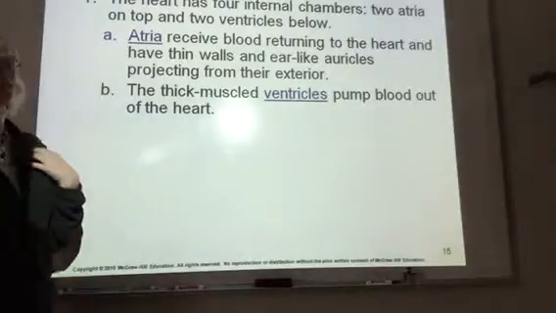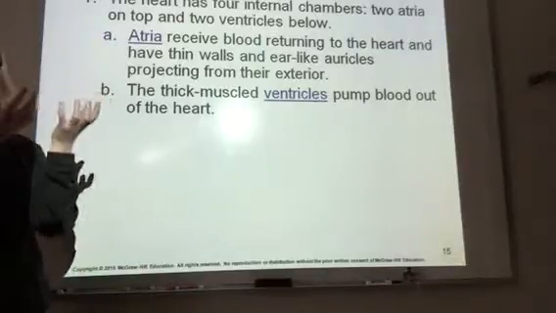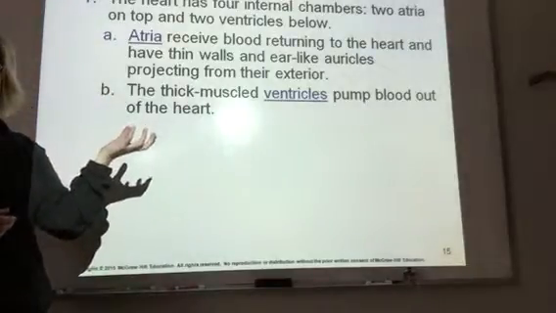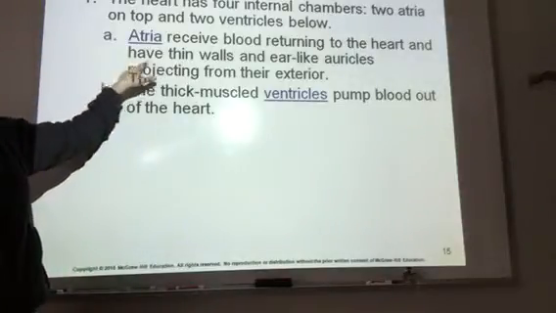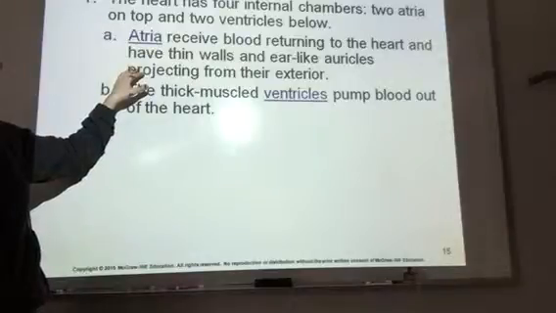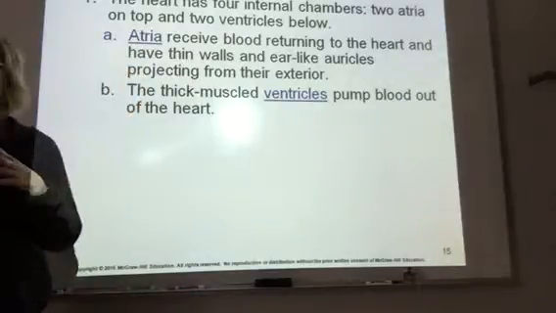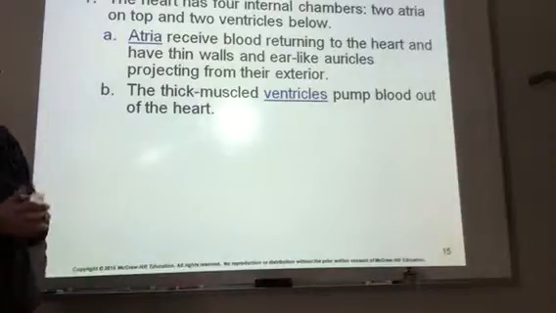Left atrium is going to receive blood from the lungs. So the top 2 portions of your heart receive blood. They have very thin walls. They're called auricles. If you look at a real heart, they're actually much smaller than they look like in diagrams.